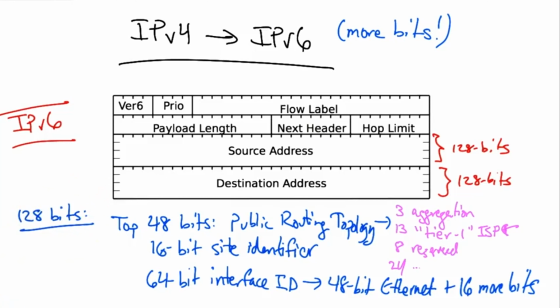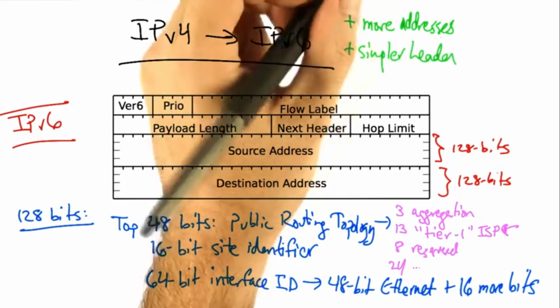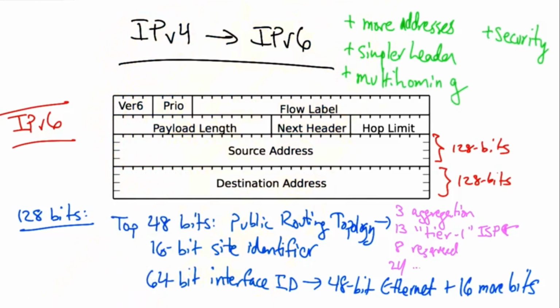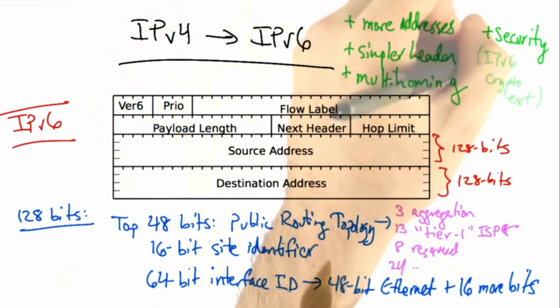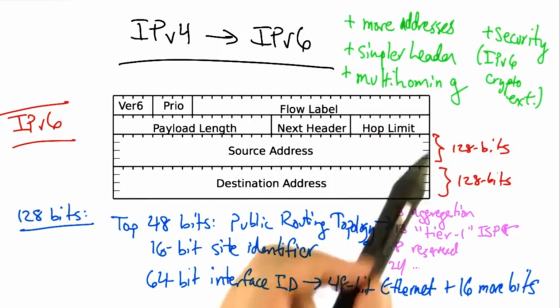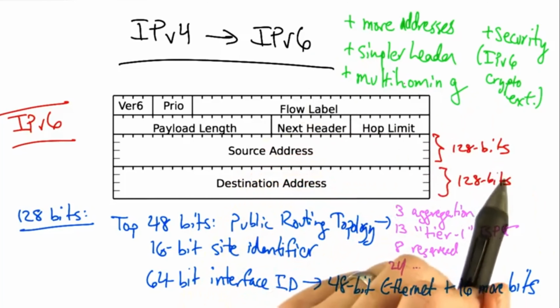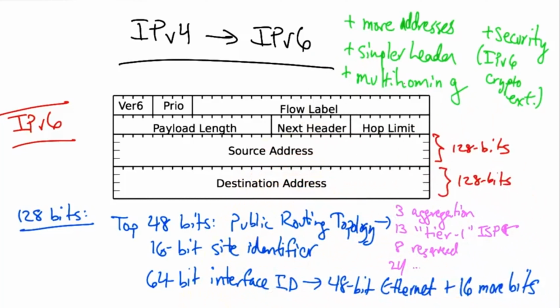IPv6 has many claimed benefits. There are more addresses, the header is simpler, multi-homing is supposedly easier, various aspects of security are built in, such as the IPv6 crypto extensions. Now, despite all of these benefits, we've yet to see a significant deployment of IPv6.